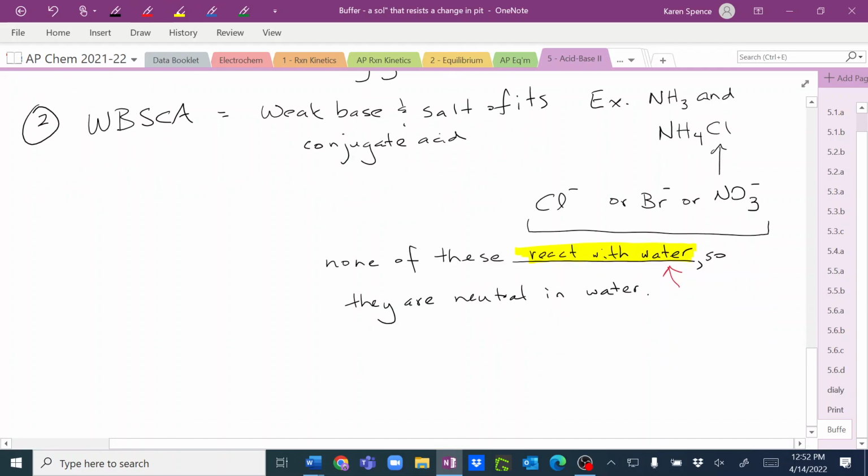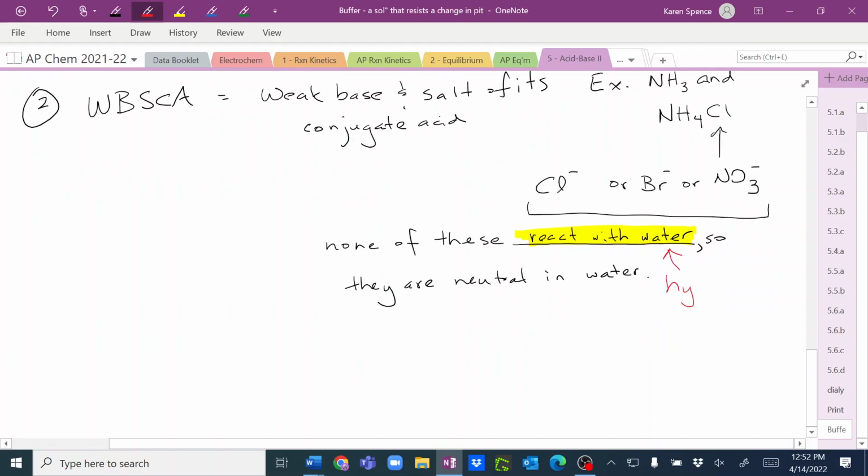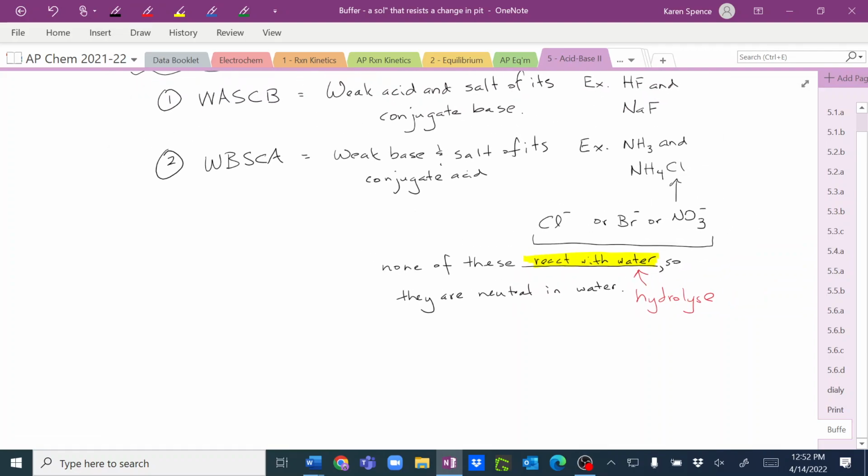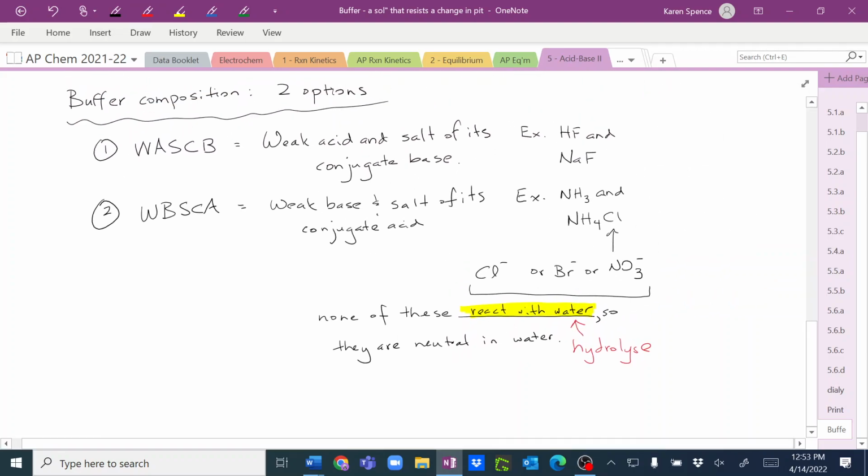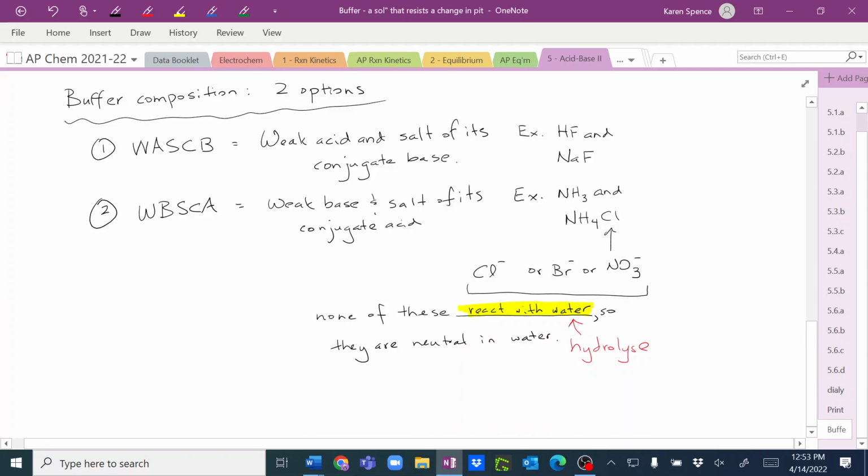Hydrolyze. None of these hydrolyze. Okay, so they're all going to be neutral in water. So you want to pick something that's not going to hydrolyze, something that's not going to form precipitates with all and sundry.